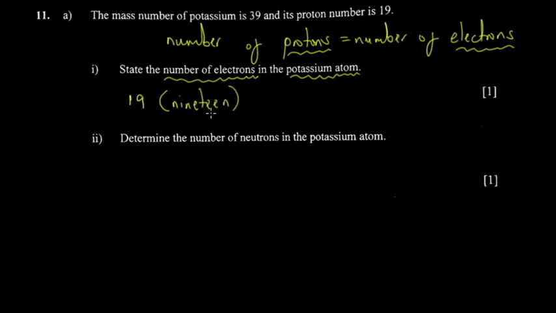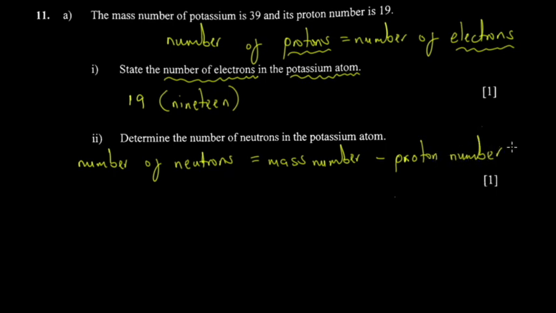Then it says determine the number of neutrons in the potassium atom. So the number of neutrons equals mass number, which is also the nucleon number, minus proton number.